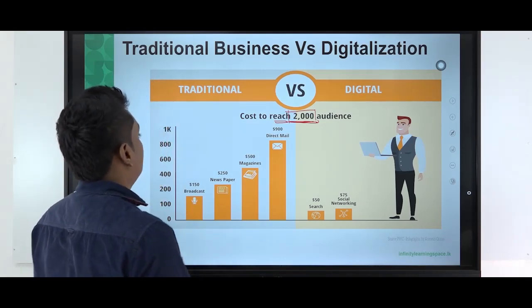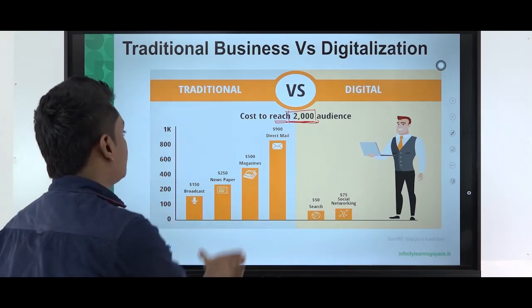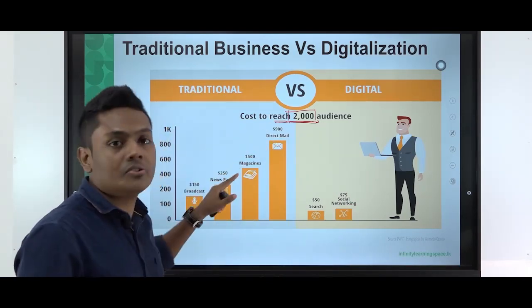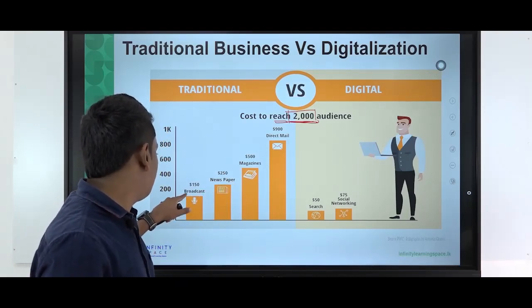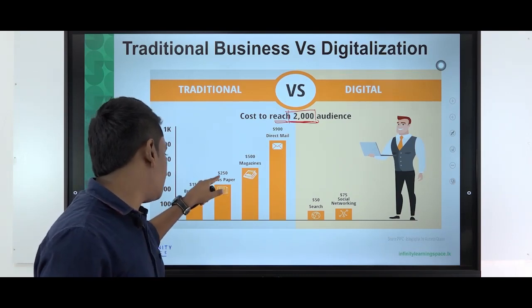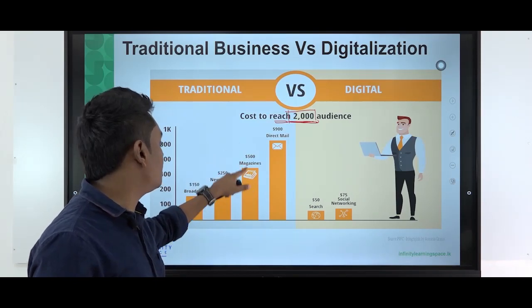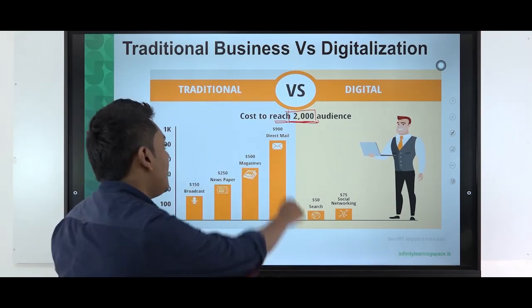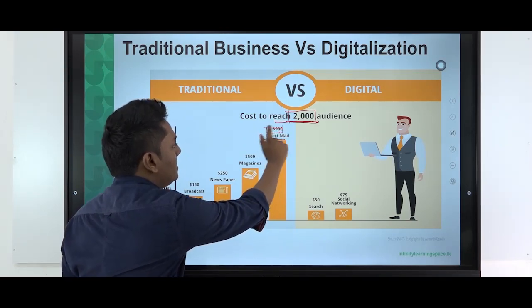Let's talk about it traditionally and digitally. Traditionally, to reach a 2000 audience, you have the cost: broadcast $150, newspaper $250, printing your advertisement in magazines $500, and direct mail $900.